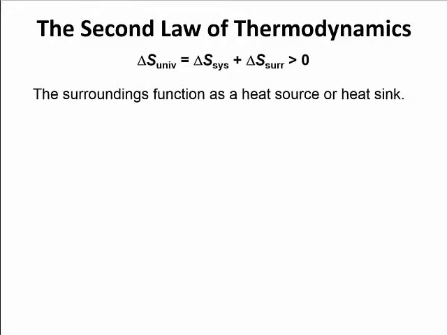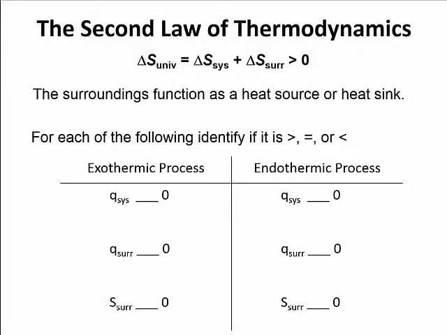Okay, now we consider that the surroundings are going to function as a heat source or a heat sink. Right, and we talked about this before with enthalpy. So if we look at these processes, we can identify whether each of these Q's is going to be greater than, equal to, or less than zero.